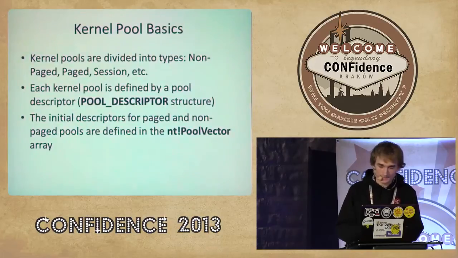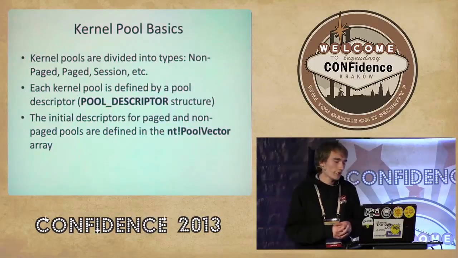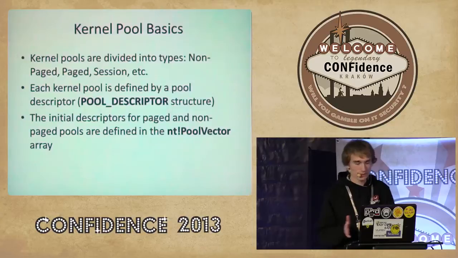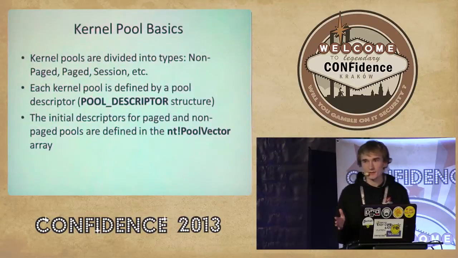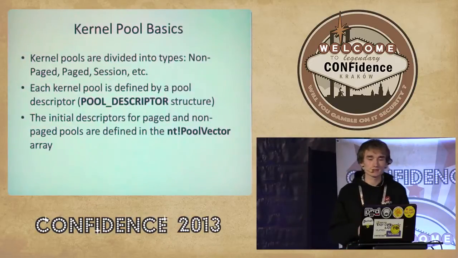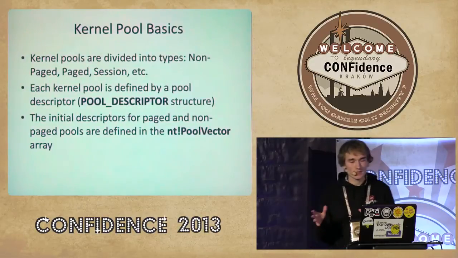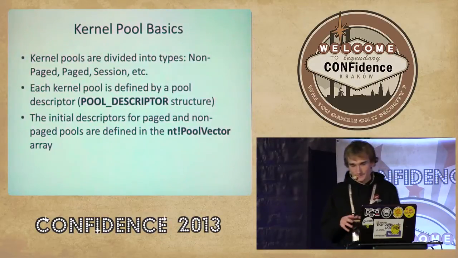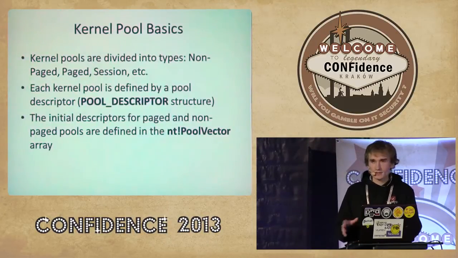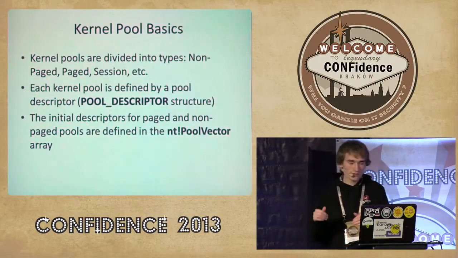So let's kick it off. If we talk about heap, I mean dynamic memory, there is one difference between userland and kernel land: the pool divides into several types. There is non-paged memory, paged memory, and session memory, and a pool is defined by a structure called the pool descriptor. The initial descriptors for paged and non-paged pools are defined in the pool vector array.